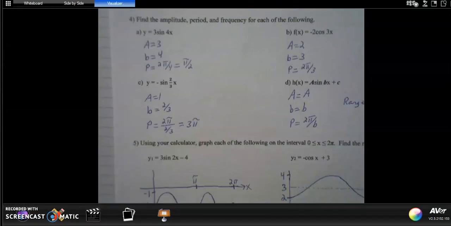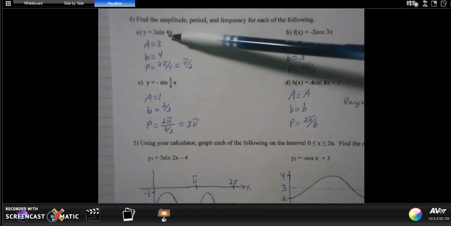On the second slide, if you pause the video, here are the answers to these, finding the amplitude, period, and frequency. The amplitude is the absolute value of the number in front of the sine or cosine function. The frequency is the b value.